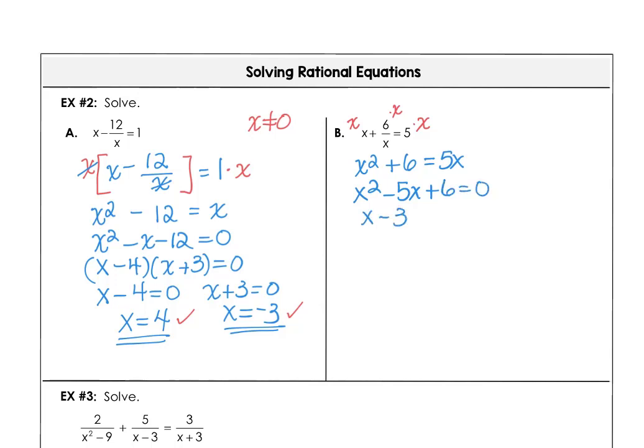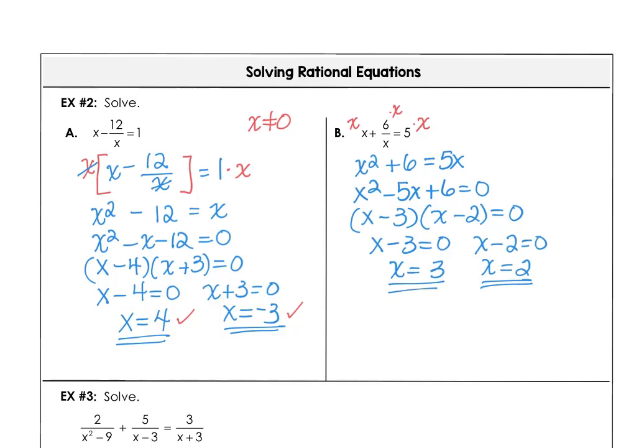And the factors are x minus 3 and x minus 2. And x minus 3 is 0 when x is 3. x minus 2 is 0 when x equals 2. And looking back at the original, our restrictions would again be at 0.